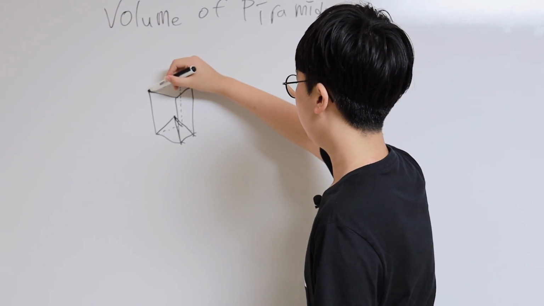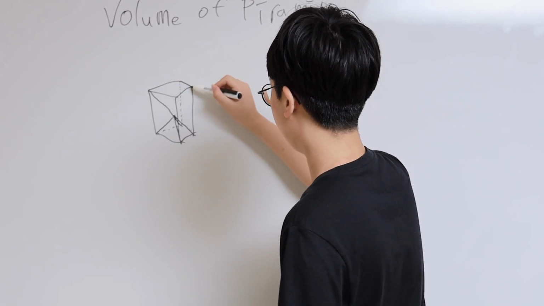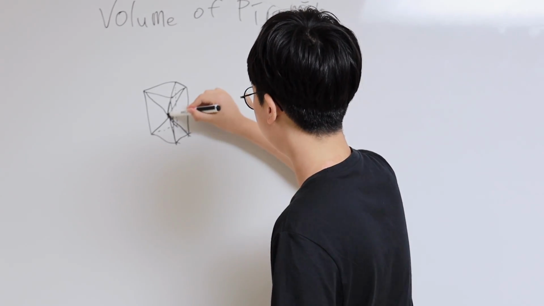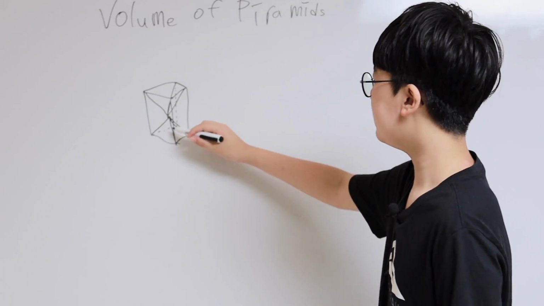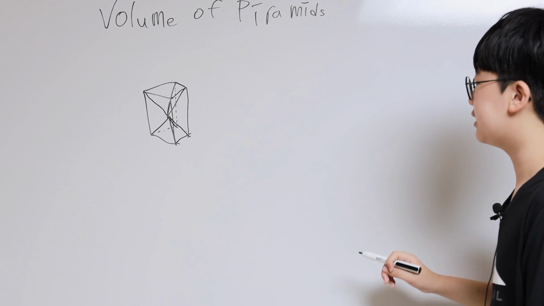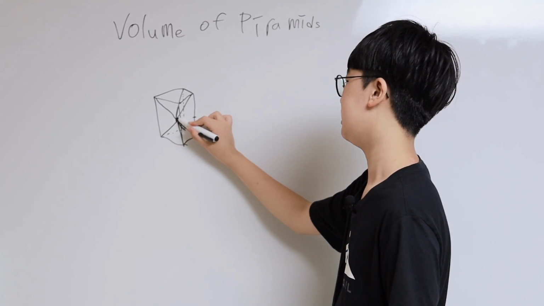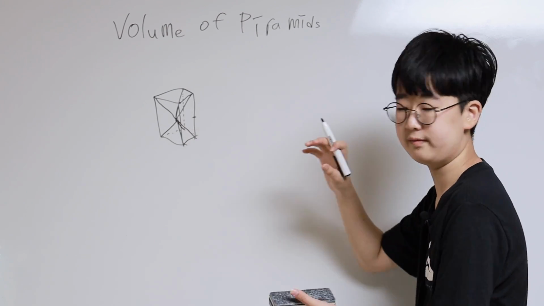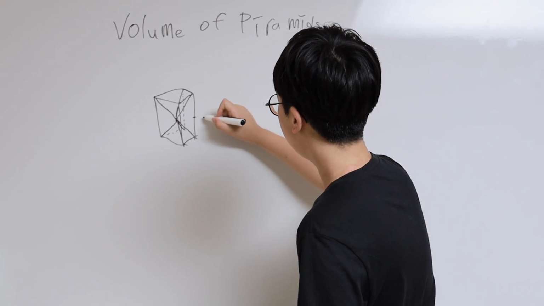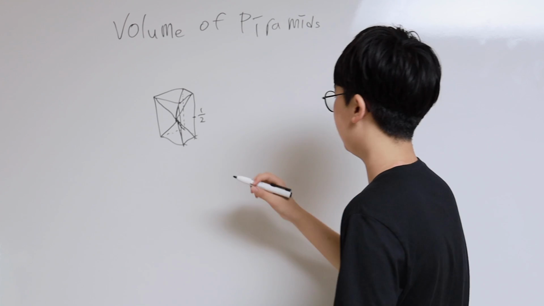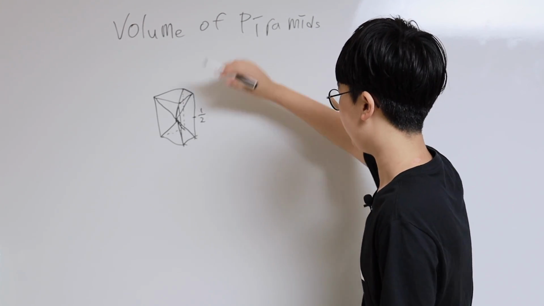And we are going to have another one that is facing it like that. These have the same volumes, and the meeting point of the two pyramids is the half of the height.